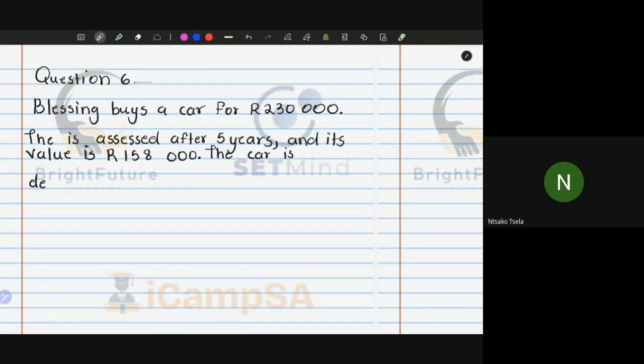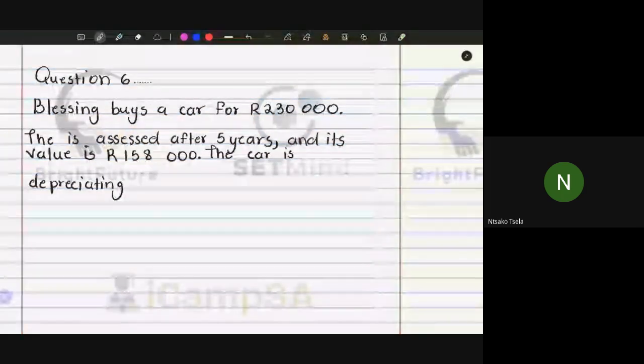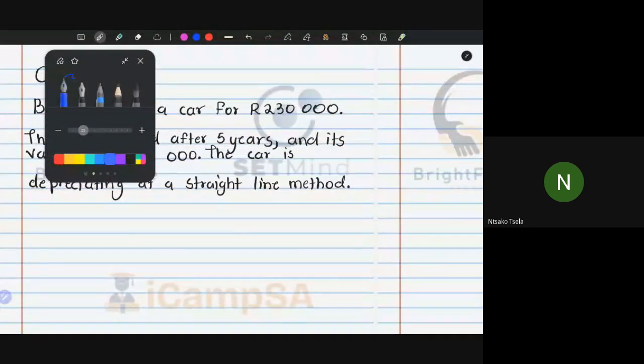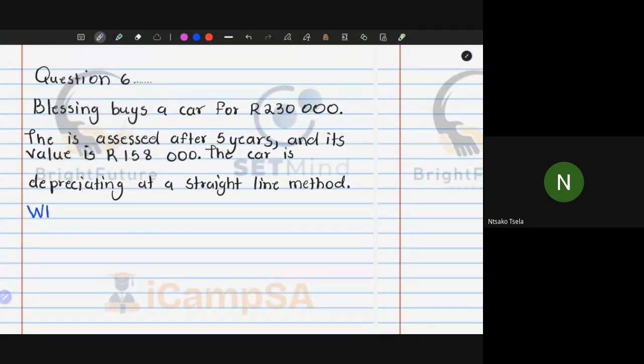So the car is depreciating at a straight line method. Now, the question becomes, what is the depreciation rate?